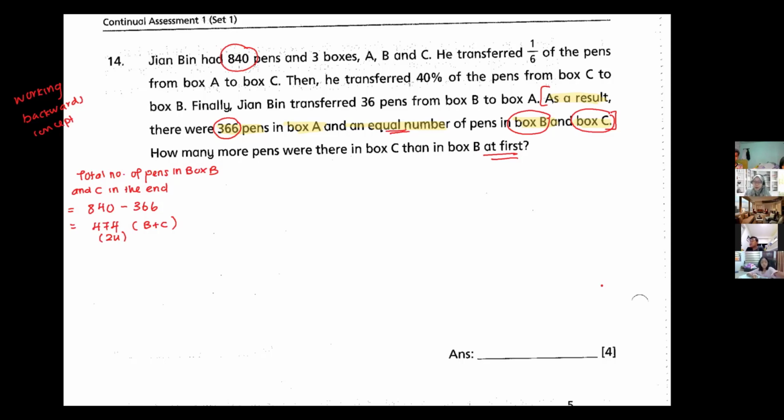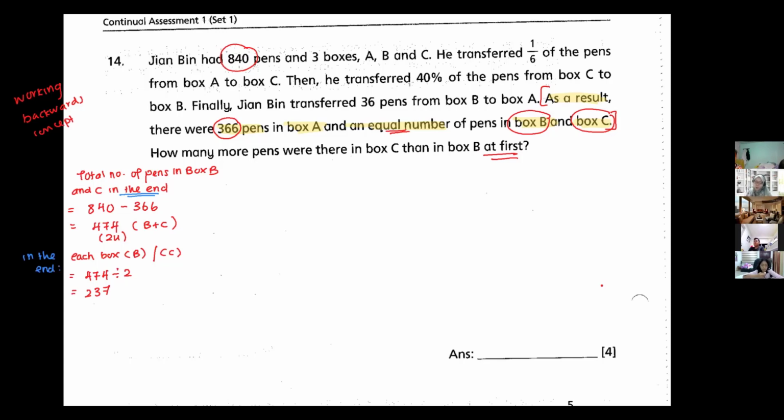To find each box, your box B or box C, I take 474 divided by 2 and I will get 237. This is all in the end.